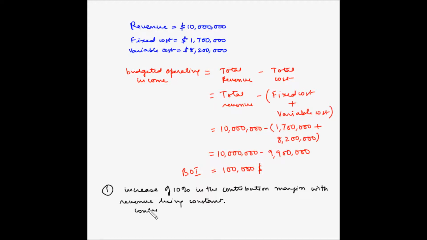So contribution margin is equal to the revenue minus the variable cost. Or in other terms, the contribution margin is the amount which contributes towards recovering the fixed cost, and once the fixed cost has been recovered, then it contributes towards profits.